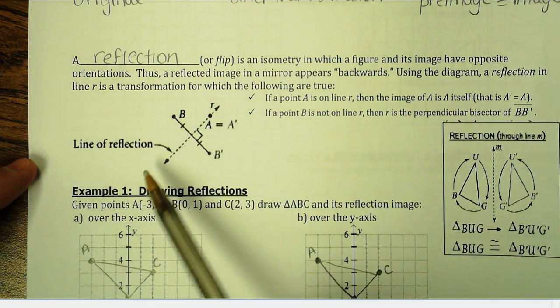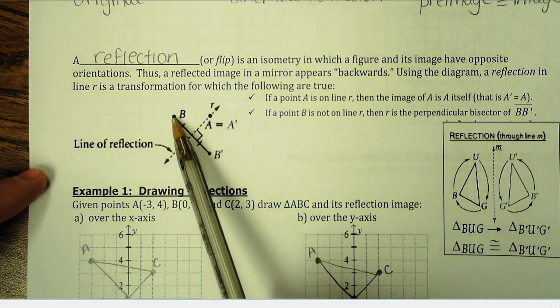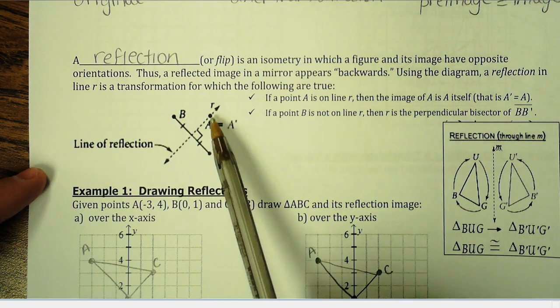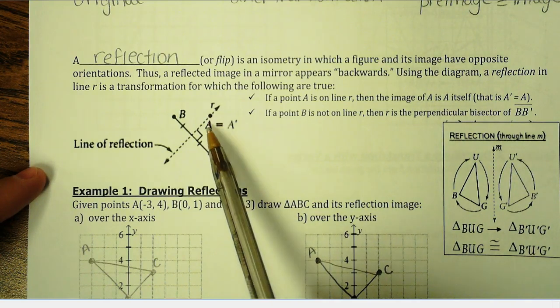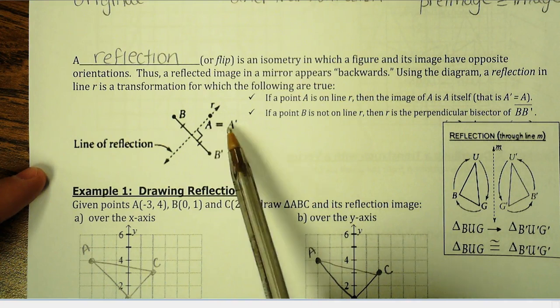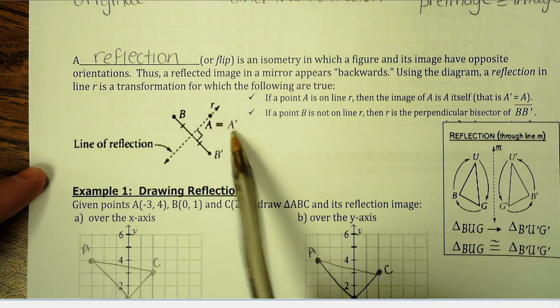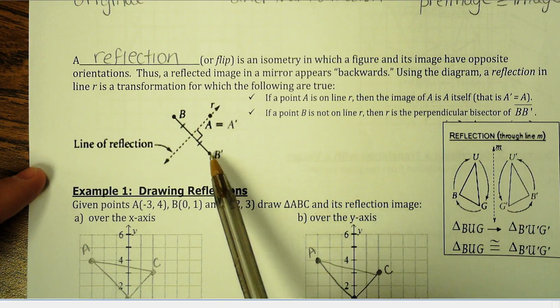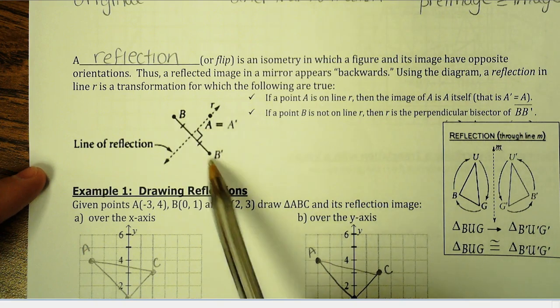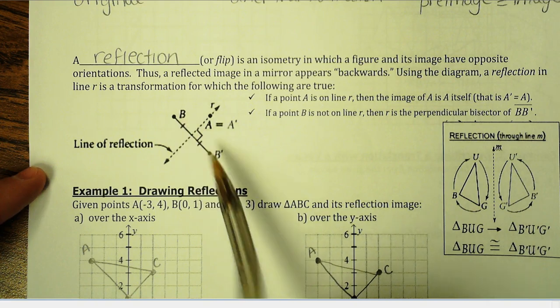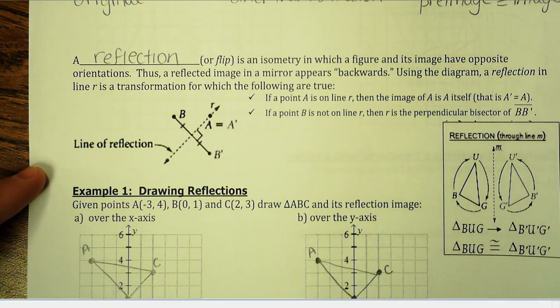A line of reflection. Here's just a point and it's reflected. Here's another point A and it's reflected. If it's on the reflection line, it is possible for the pre-image and the image to be the same. If it's not, it's a perpendicular segment that reflects it at exactly the same distance over that reflection line.